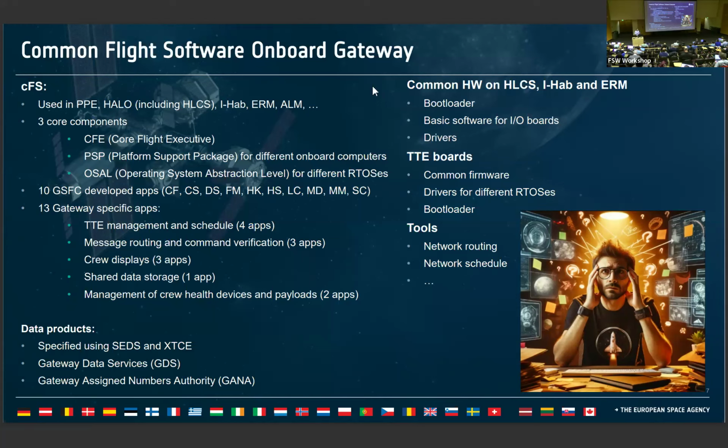And part of it is also that we have GANA, the Gateway Assigned Numbers Authority, which contains all of these APIDs and assigned spacecraft numbers and spacecraft IDs, module IDs, processor IDs, and things like that, so that there are unique identifiers which are used by the software applications.